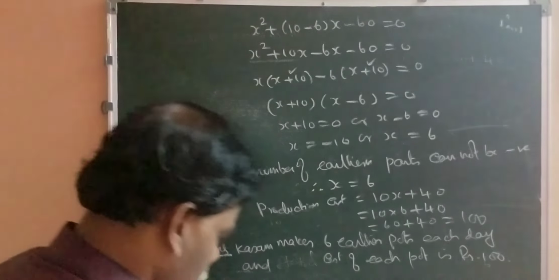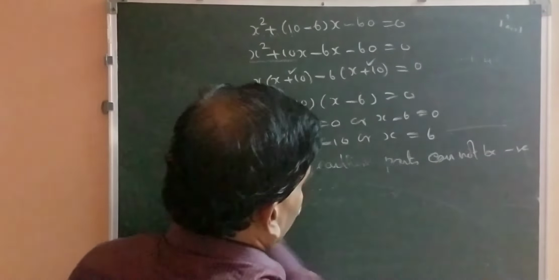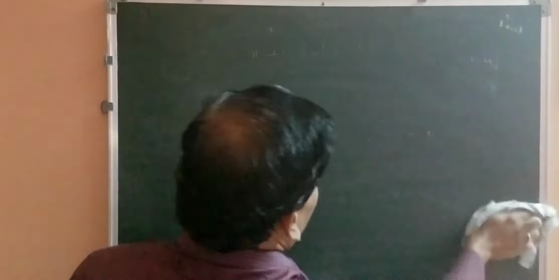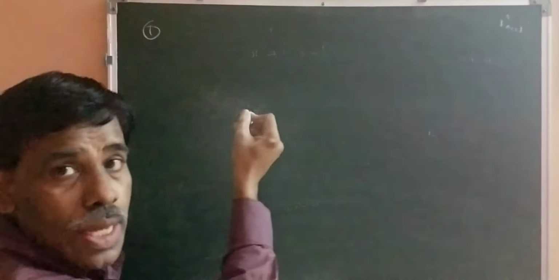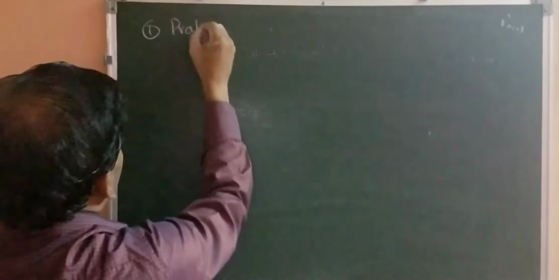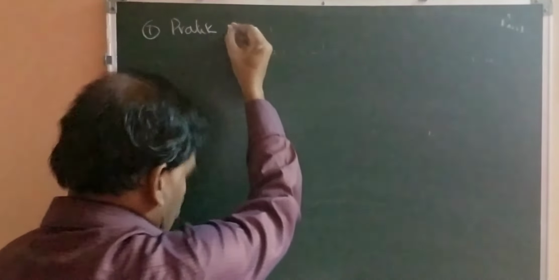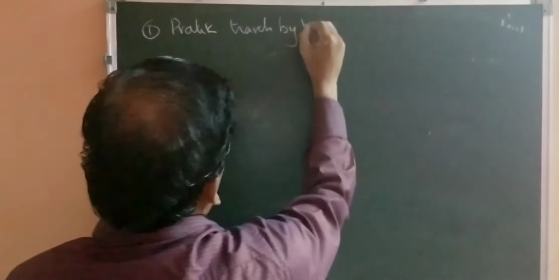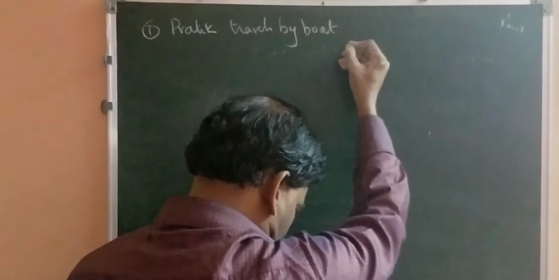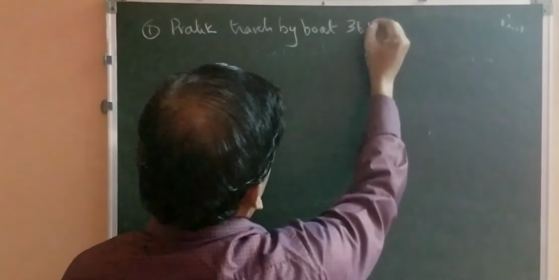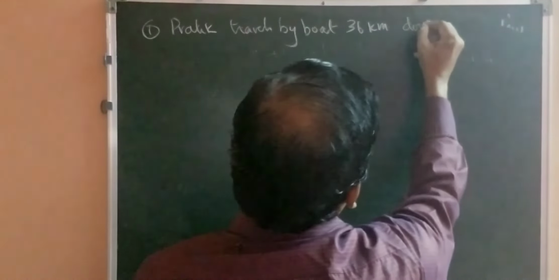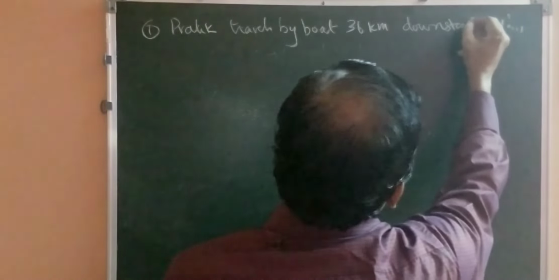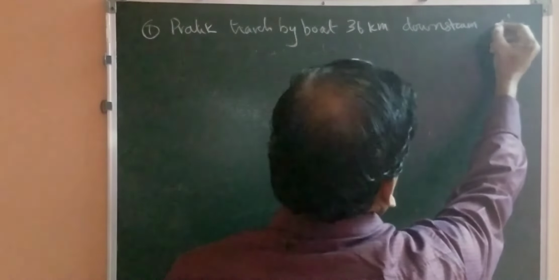Okay. Now the next sum is very important. This is one of the important problems you should understand. Okay. Now I will write down the sum. You will understand. Pratik travels by boat 36 kilometers downstream and back in 8 hours.